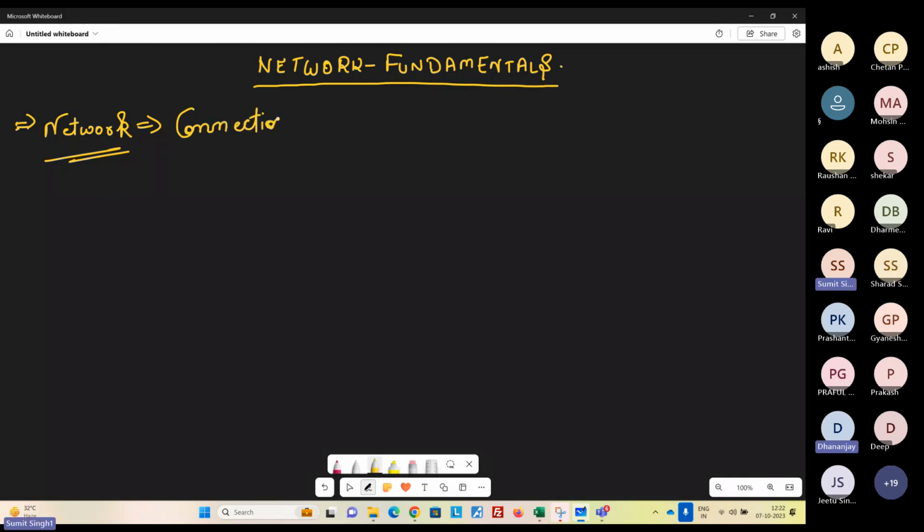But connection of only two things? Connecting multiple computers. Connection of two or more things or devices, whatever you call.